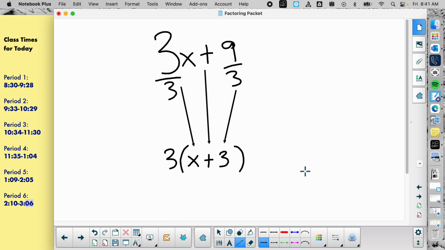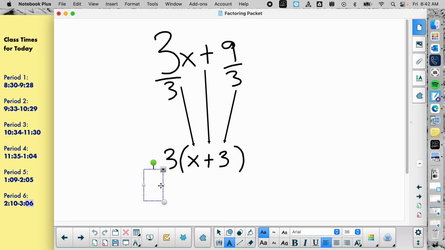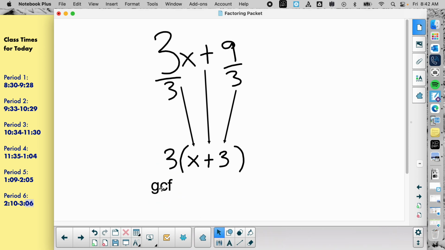I don't know if you need that or not, but that's exactly what we did. And then the item in the front is the greatest common factor. That's what we're going to be trying to do today. Does this seem okay? I don't know if it's confusing the way it's written.